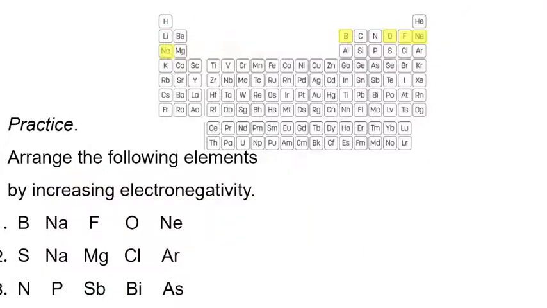So our next set of elements highlighted here has the same kind of thing happening. We have a noble gas, which means that is automatically the lowest. Then we're going to go from farthest away to closest to our elements. And there we go. And then finally, we have these next few elements.